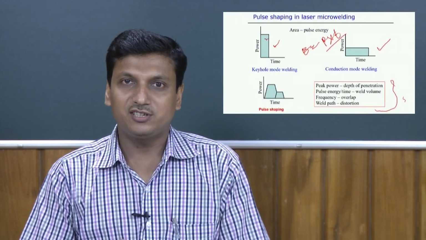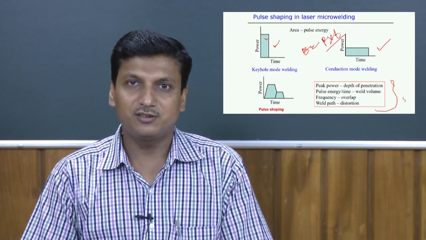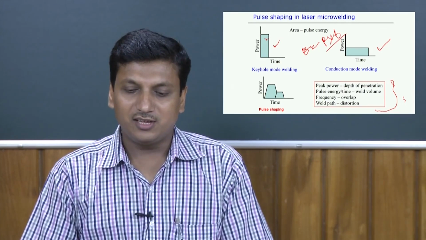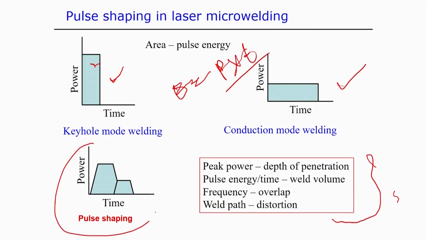So, that is why shaping of the pulse is advantageous, in the sense that when we try to weld difficult materials, if you correctly shape the pulse, we will always be able to produce some weld joint which is otherwise very difficult.